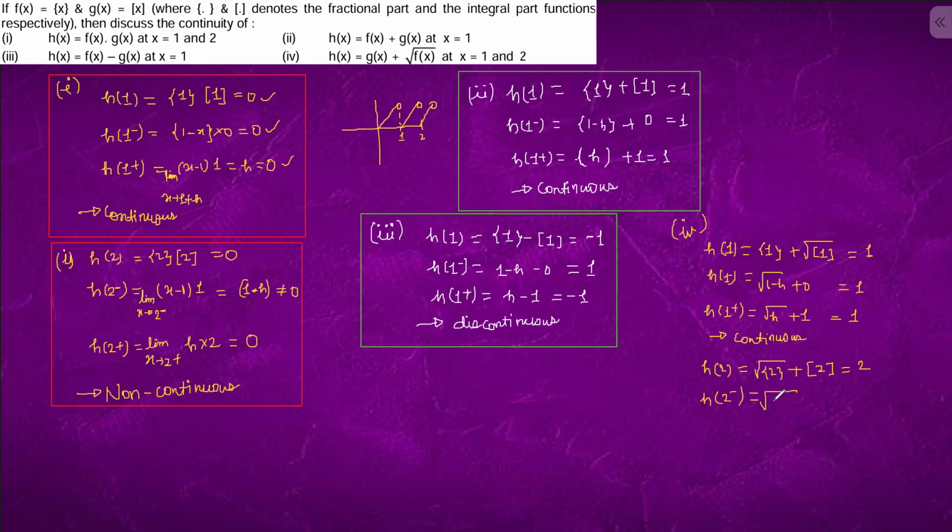Yep, 2 minus is around 1 plus 1 is 2. h(2 plus). So 2 plus is h plus 2, which is 2. So continuous. So we are getting continuous in this interval.